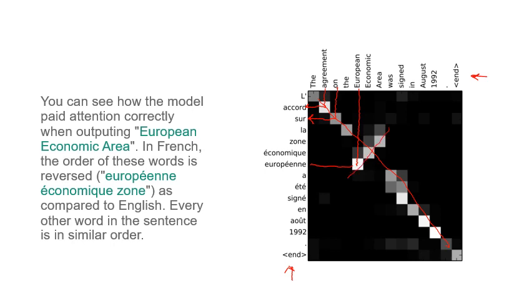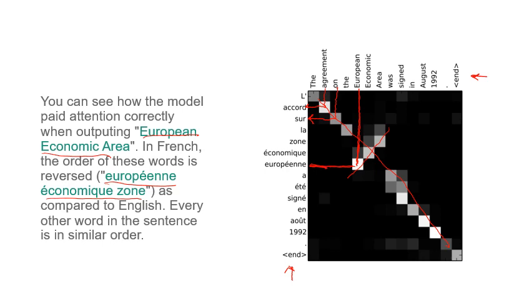Why has the pattern changed here? Because for European economic area in English, when you translate it into French, you have to reverse the order of words. So it means that the attention mechanism worked correctly. When it wanted to predict the word European, it gave high attention to this word.